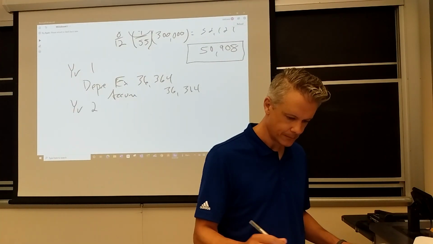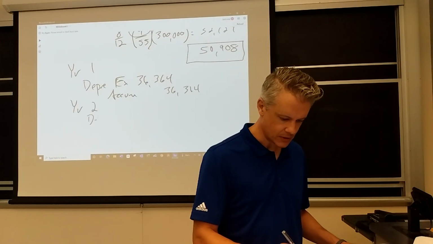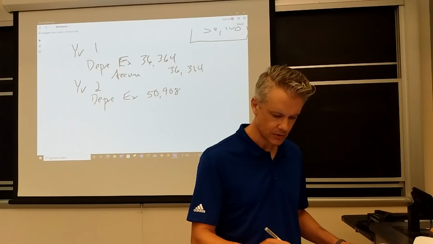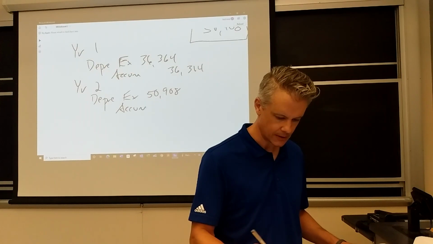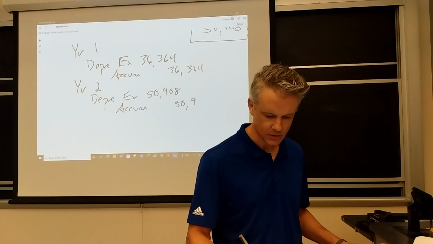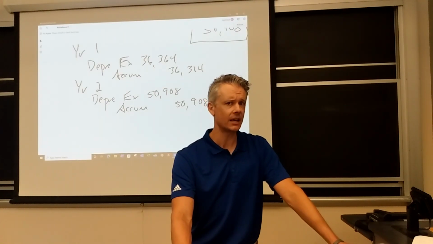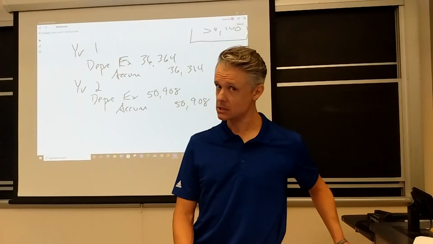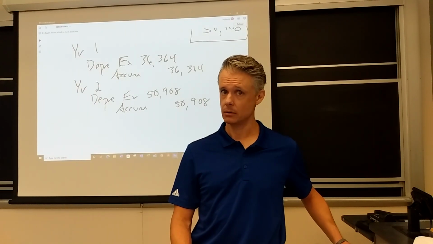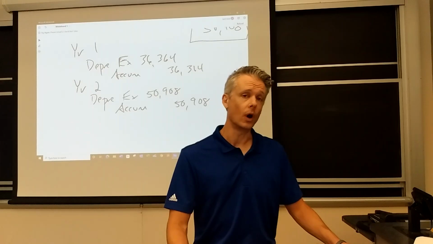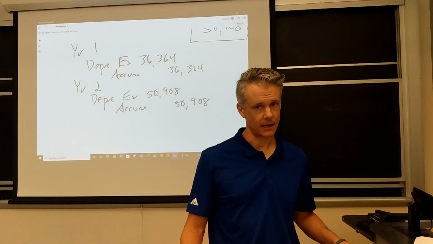For year two, we had depreciation expense of $50,908 and accumulated depreciation that year, $50,908. So in year 2, net income is going down by how much due to depreciation? $50,908. What is book value at the end of year 2?